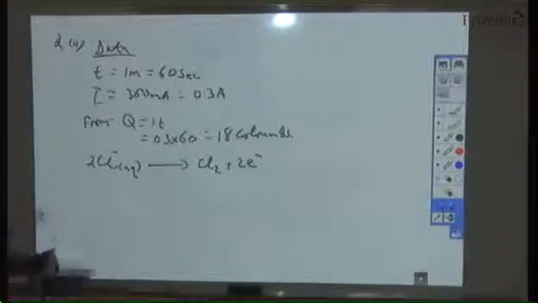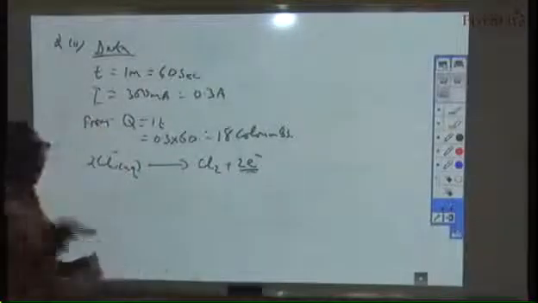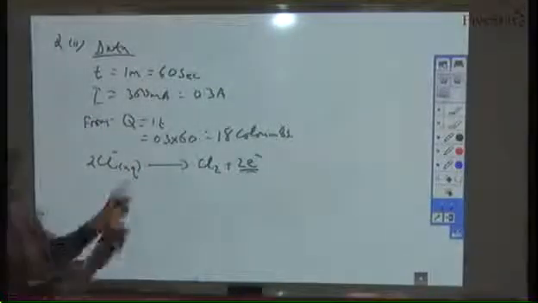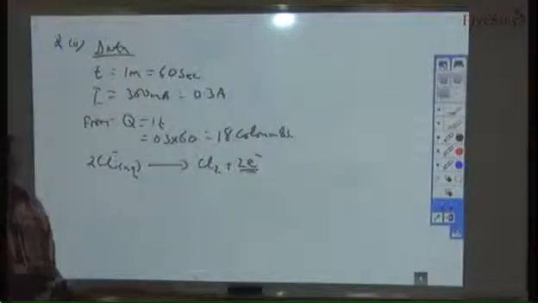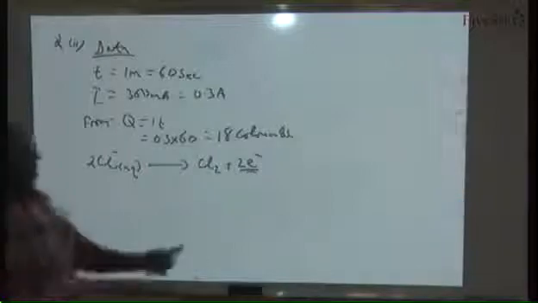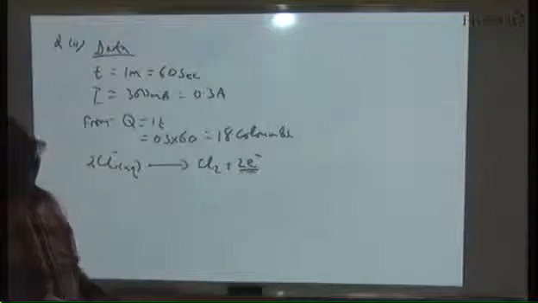From the stoichiometry of this reaction equation, 2 moles of electrons are involved to effect this particular reaction. But 1 mole of electrons carries 1 Faraday of electricity. Therefore, the 2 moles of electrons carry 2 Faradays.